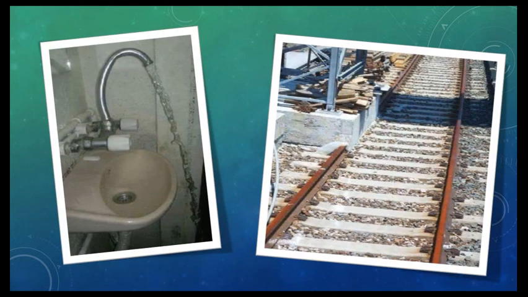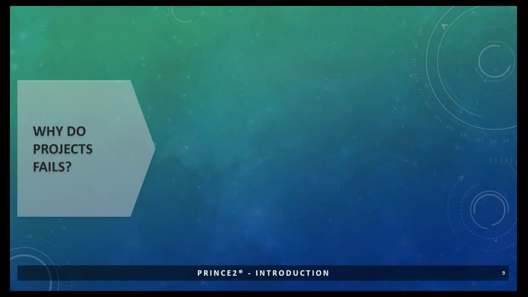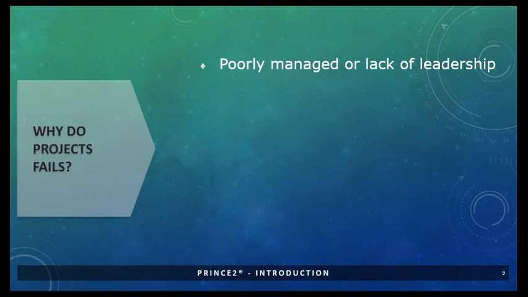So here are some examples of what will go wrong if the project is not managed properly. The deliverables that come out of the project will be unusable. Let's now look at some of the reasons why projects fail. There was a study conducted by certain agencies.